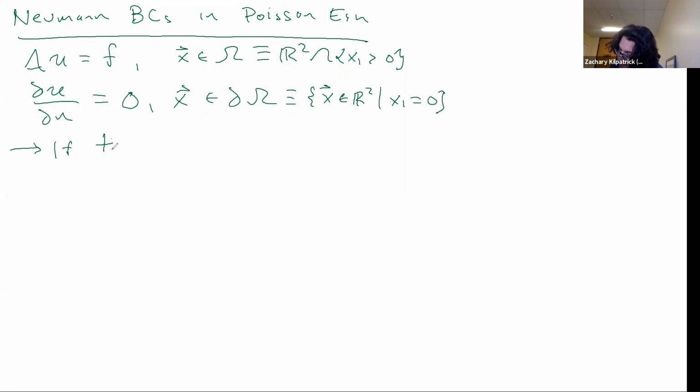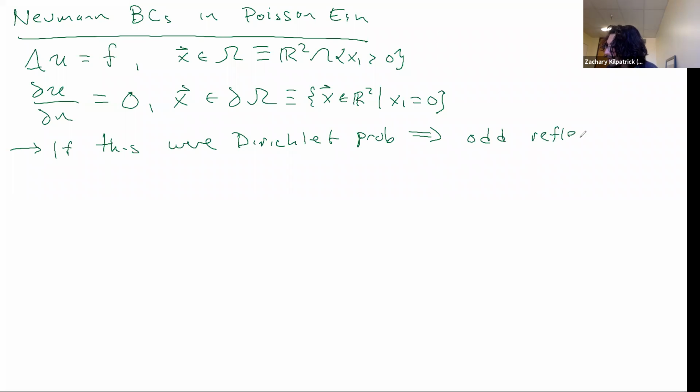Let me remark, if this were a Dirichlet problem, essentially the way that we would find the solution is to use an odd reflection principle of the free boundary problem.